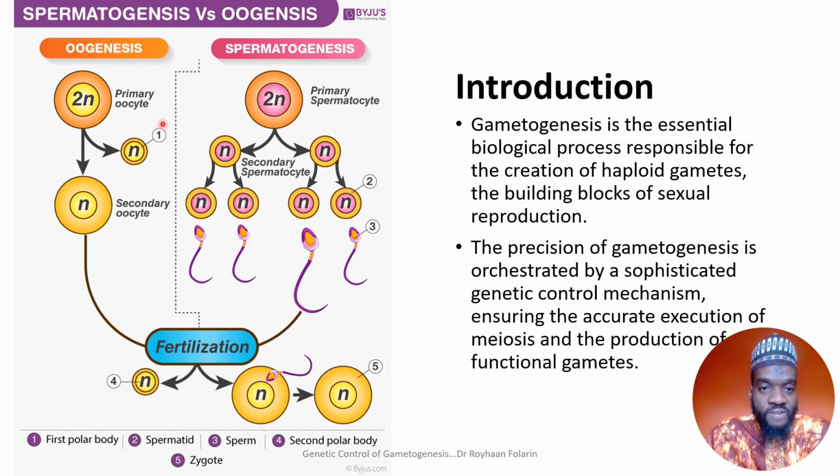On this left side, you have oogenesis, where the primary oocyte transforms into the secondary oocyte, giving off the first polar body and then giving off the second polar body after fertilization.